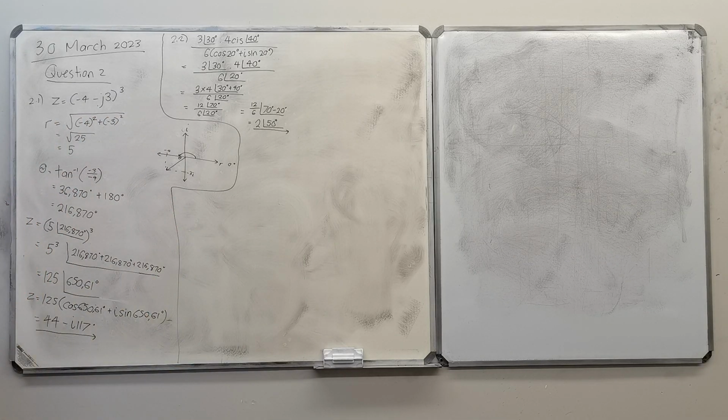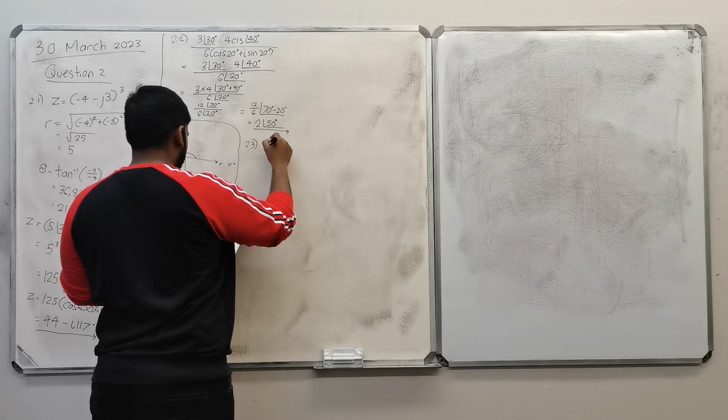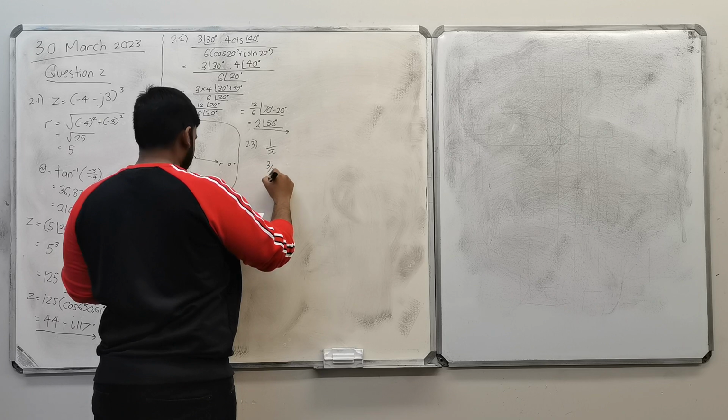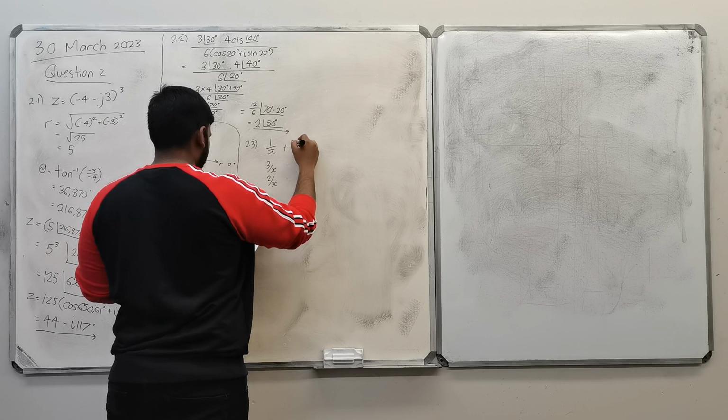Now this next question, a lot of people had issues with this because they felt like they didn't know what it was. So this is determinants. They gave you 1 over x, 3 over x, 2 over x plus 2 over y.